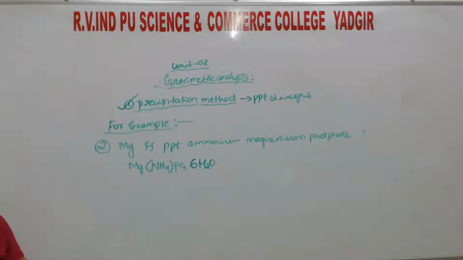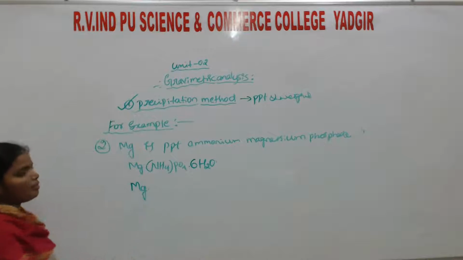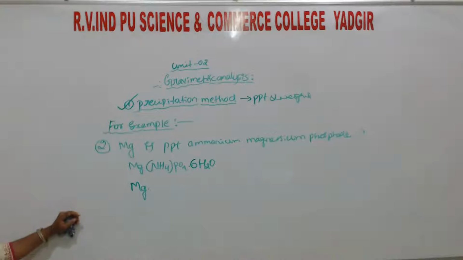After the ignition, magnesium pyrophosphate, Mg2P2O7, is formed.